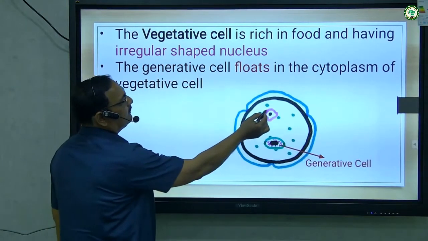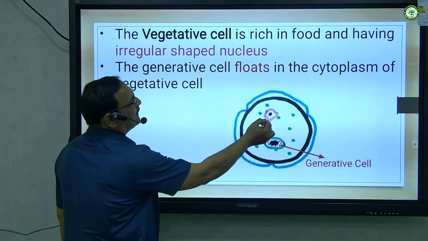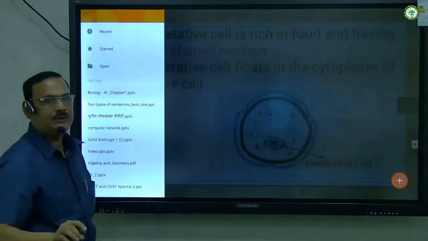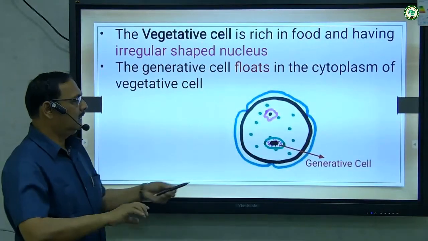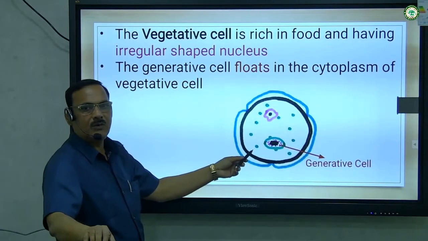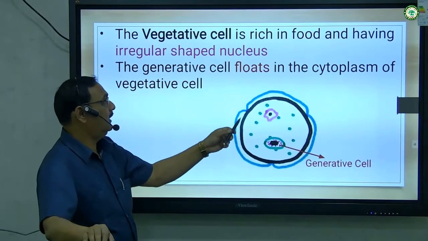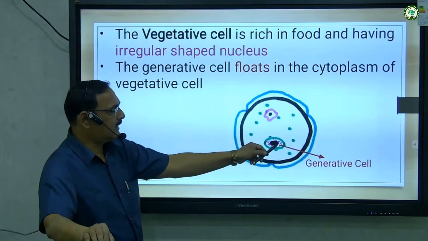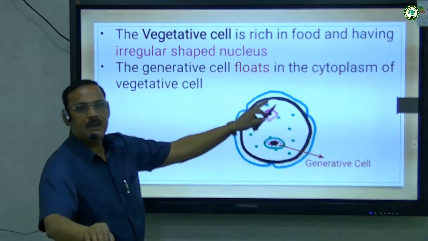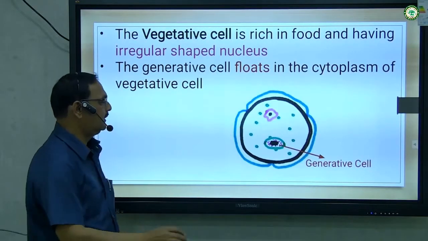The generative cell, which is smaller, towards the base of the pollen grain, floats in the cytoplasm of the vegetative cell.